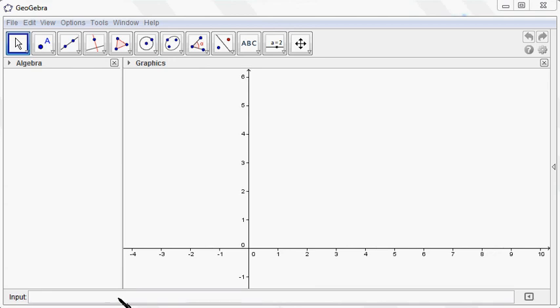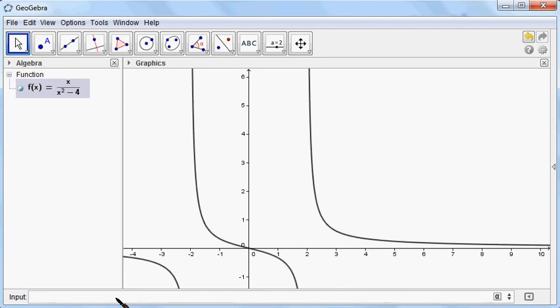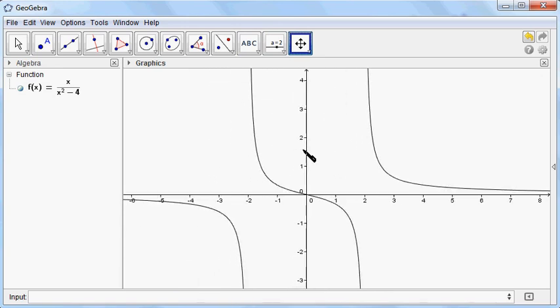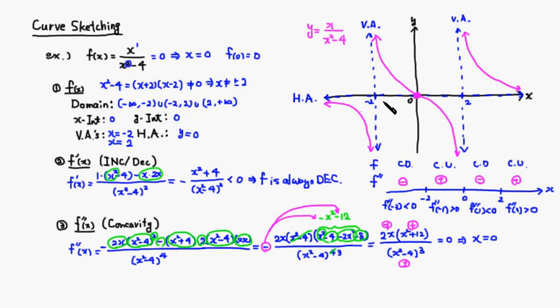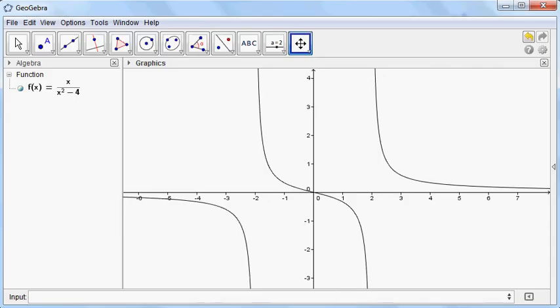So here, y equals x over x squared minus 4. Then hit enter. You can see that it sketches a graph, and this is what it looks like. If you go back to here, you see that it basically has the same shape.